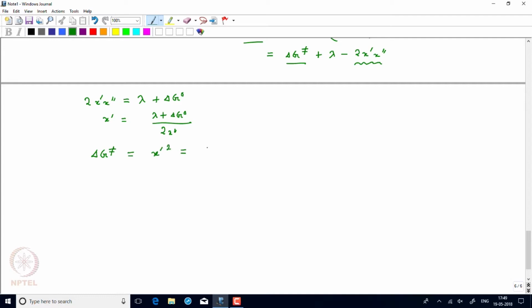So I have to take the square of this entire thing, which is lambda plus delta G0 squared divided by 4 x double prime squared. But I know that x double prime squared is nothing but the reorganization energy. So I have to write it as lambda plus delta G0 squared divided by 4 lambda.